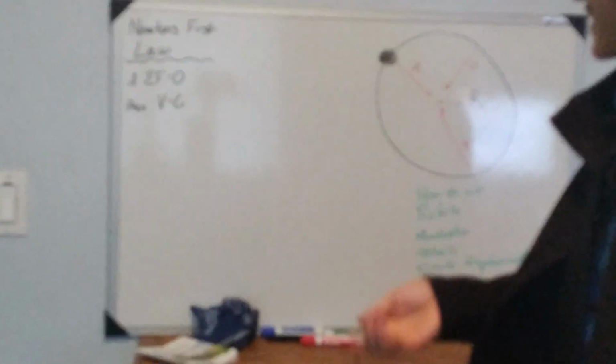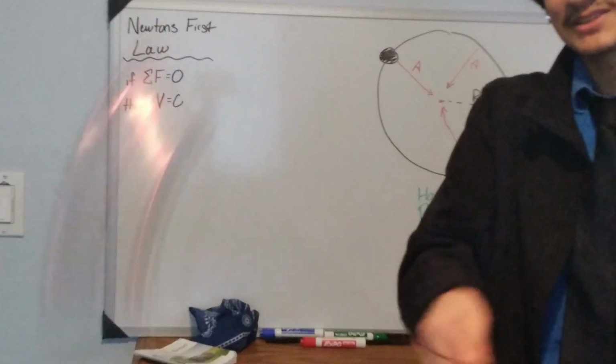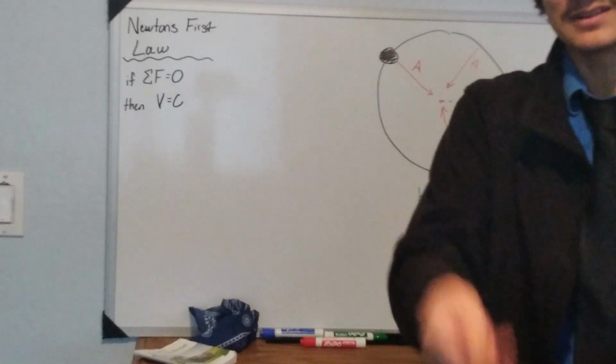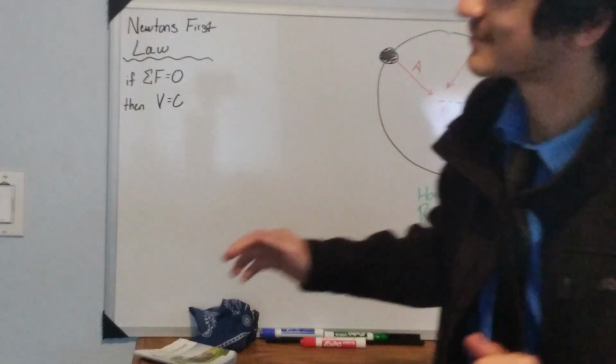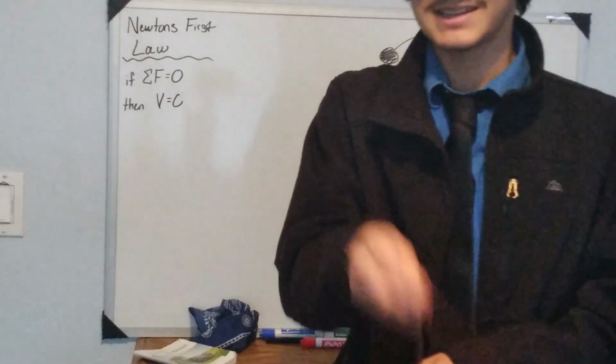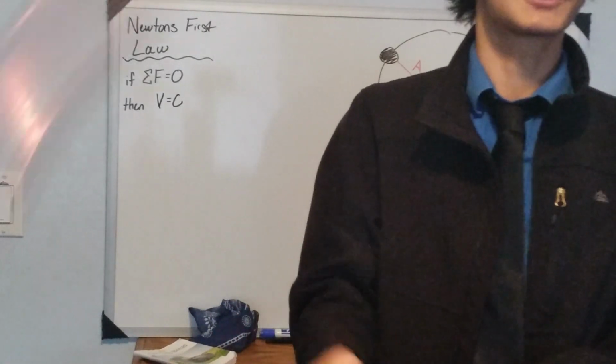Newton's first law states if the sum of forces is 0, then velocity is constant. So let's see what happens when we stop applying a force. It appears that the mass doesn't continue in its circular orbit, does it?